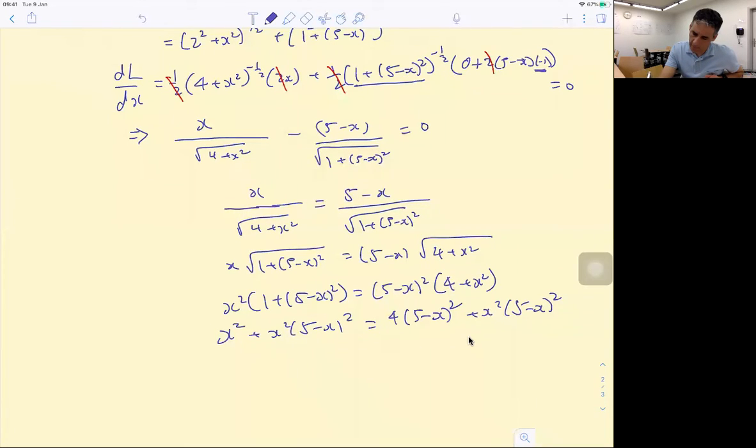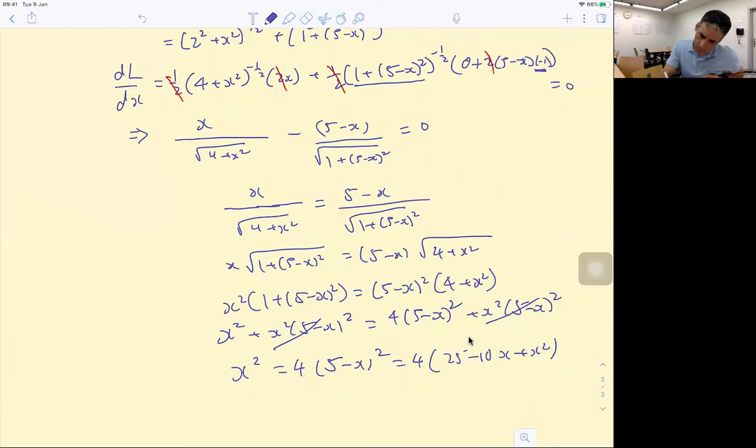Now, having done that, looking carefully at this, I can see that these cross out. Huh. That makes things a little bit nicer. That leaves us with x squared is 4 times (5 minus x) squared. And that is 25. This (5 minus x) squared is 25 minus 10x plus x squared.